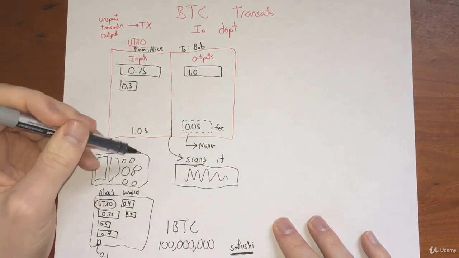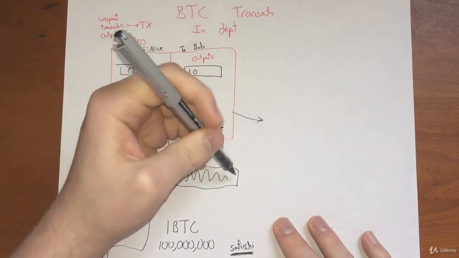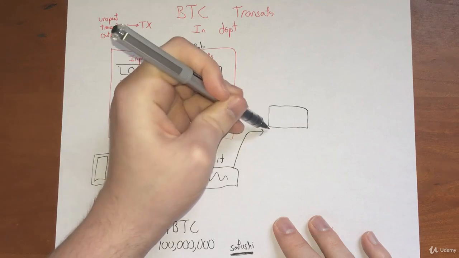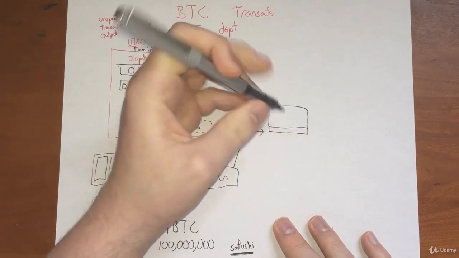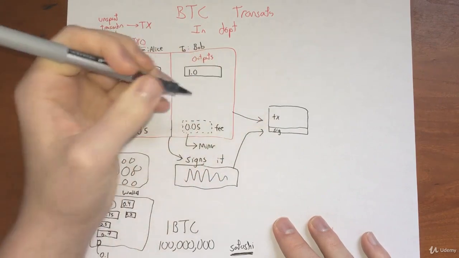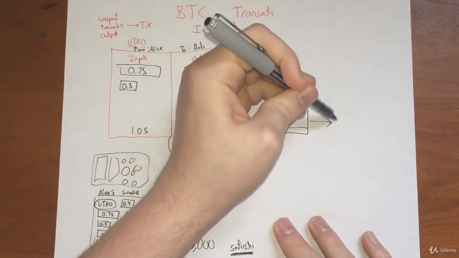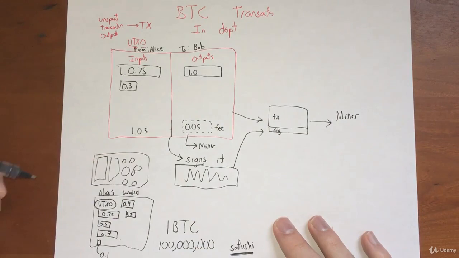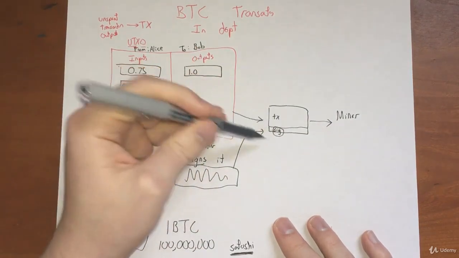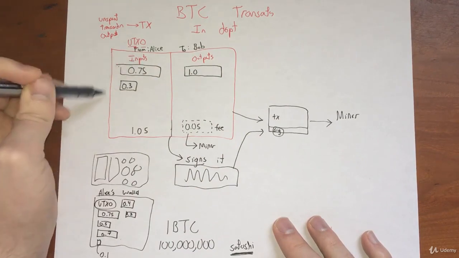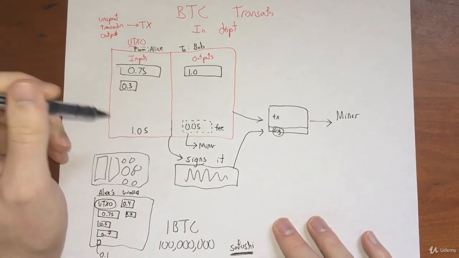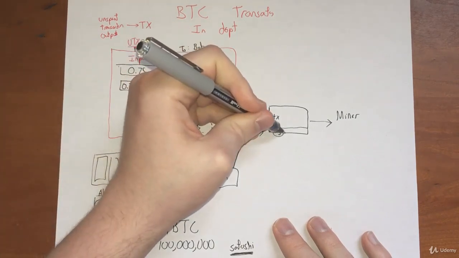And then she sends the transaction plus the digital signature. So here's the transaction, and there's a little bit extra down here, which is the signature. Okay, this goes to the miner. And then the miner checks, okay, it's signed. That signature matches the other information in here, Alice's address. And so, okay, this is a legit transaction.